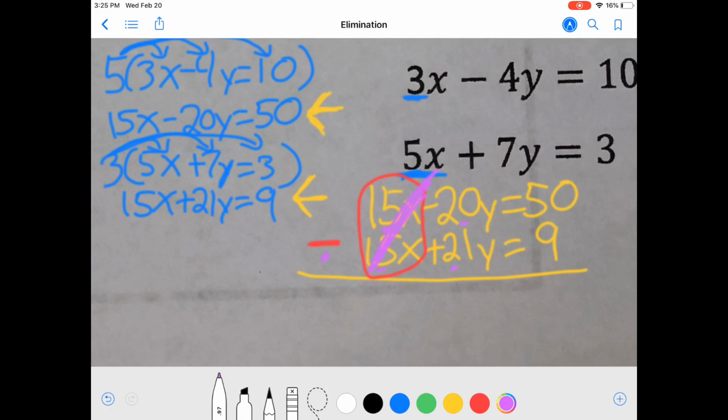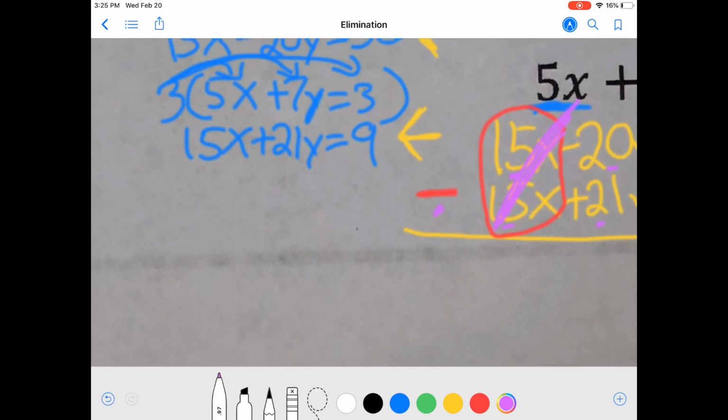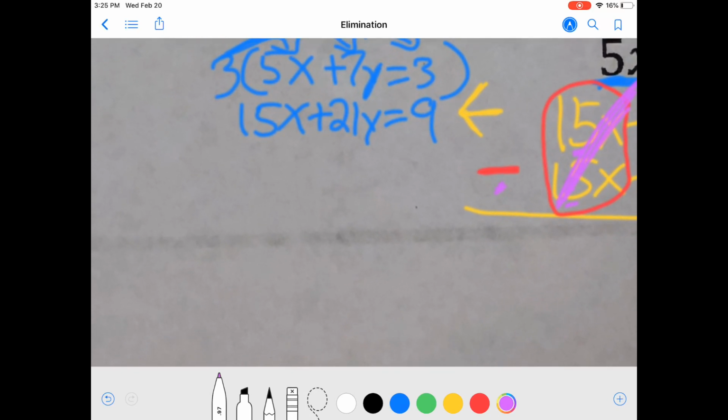This caught a lot of people, and it worried me a little bit. Negative 20 minus 21. This takes it all the way back to how we add and subtract. Negative 20 tells us where to start on the number line.